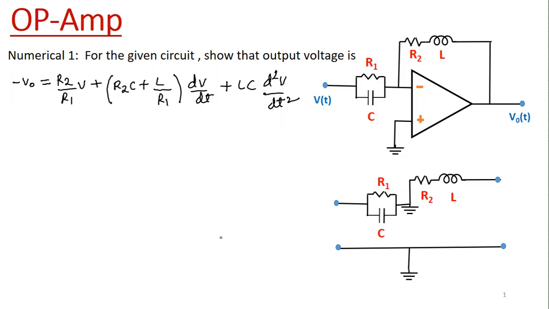In this video, we are going to solve one numerical related to operational amplifier. This is our numerical number 1 and the question is: for the given circuit shown, show that the output voltage is given by the equation minus V0 is equal to R2 by R1 into V plus (R2C plus L by R1) the whole multiplied by dV by dt plus LC into d square V by dt square.